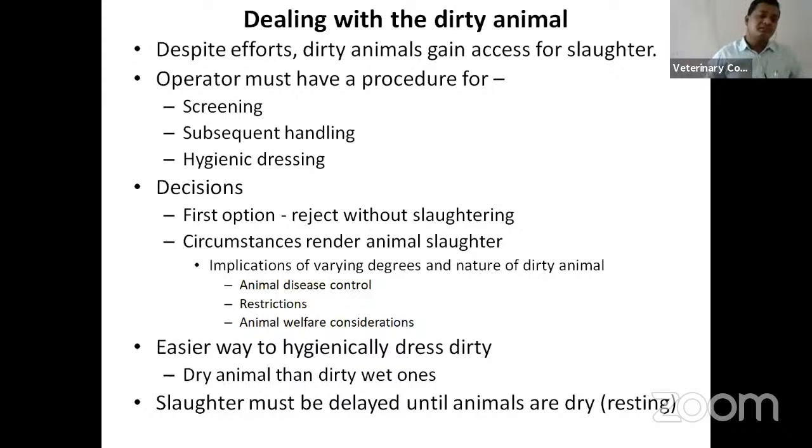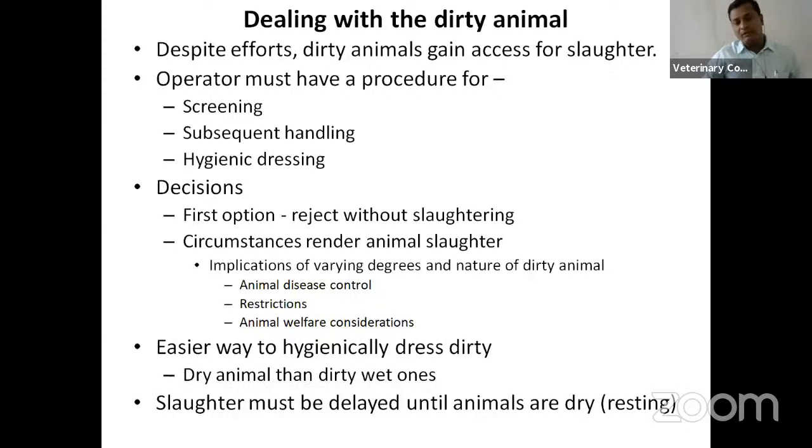But many times circumstances don't permit a rejection of the animal. That is why you have to take certain decisions. Why can certain animals not be rejected? One thing is animal disease control. Some animal has been destined for slaughter because it is having some disease. You cannot send it back.